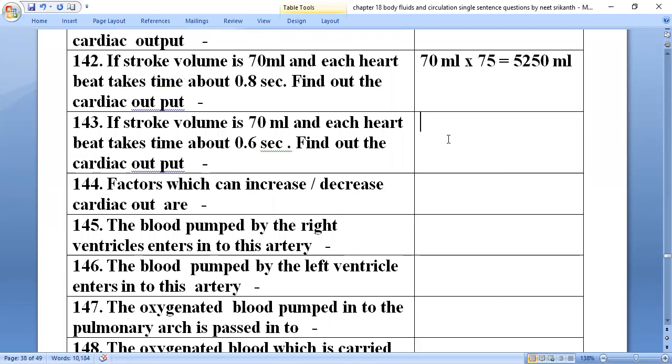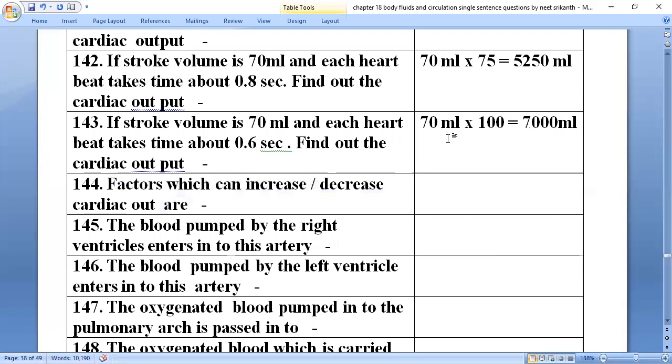Moving on, if the stroke volume is 70 ml and each heartbeat takes 0.6 second, that means in 60 seconds 100 beats are possible. So we can say 7000 ml.